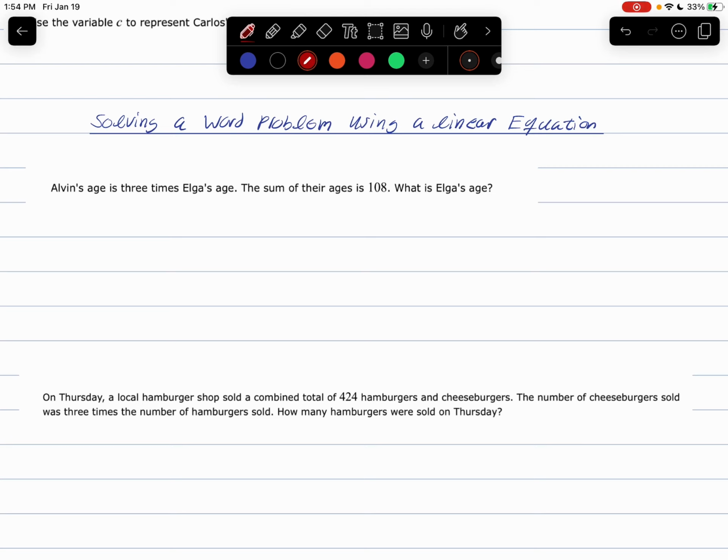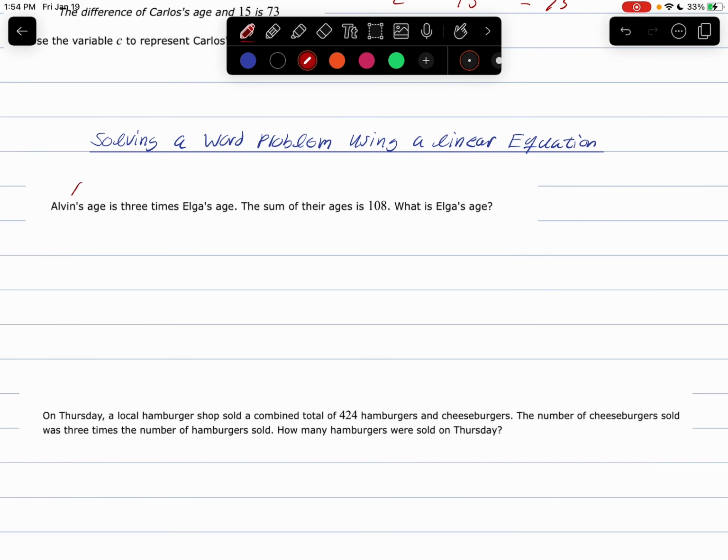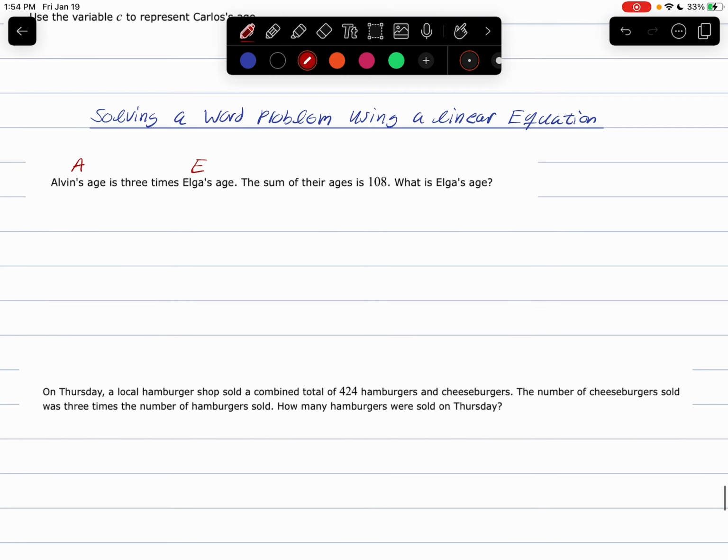I want to assign a variable to each of these, so let's assign an A to Alvin's age and an E to Elga's age. Mathematically, if we just take this section, Alvin's age is 3 times Elga's age, that means we can write A is equal to 3 times E.